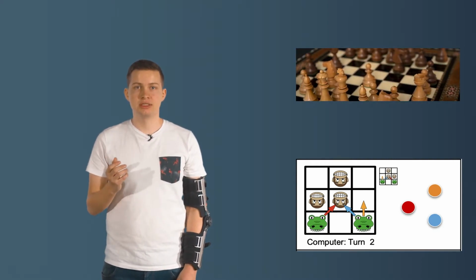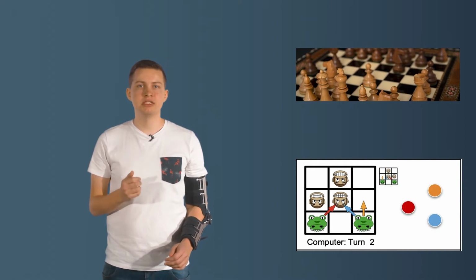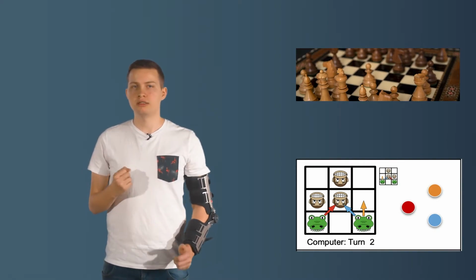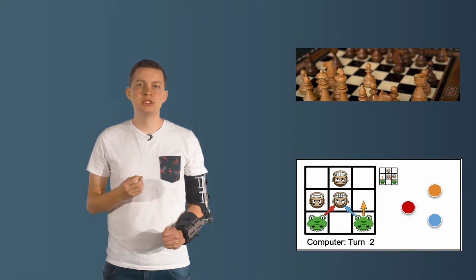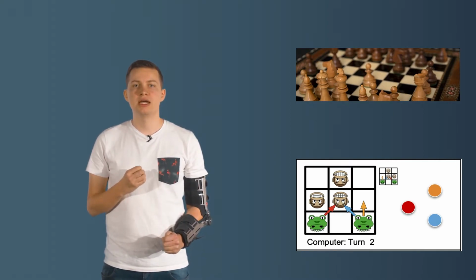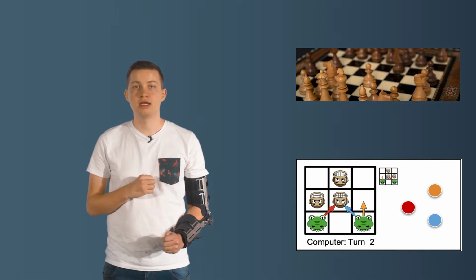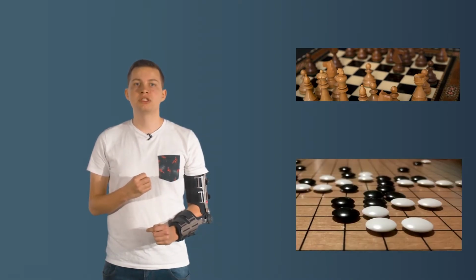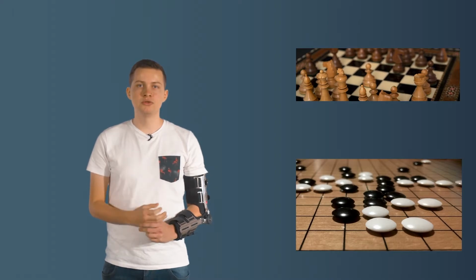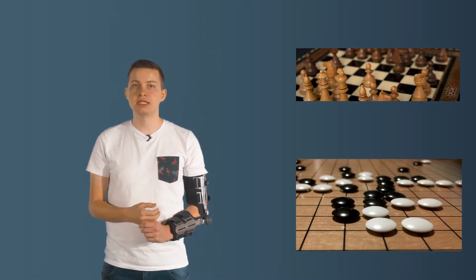To master chess, it evaluated up to 200 million positions per second, essentially pre-calculating as many positions as possible to see if a move will eventually end in a victory. In contrast, the system that beat the Go champion was trained with 30 million captured moves and also games against itself, trying to maximize its reward.